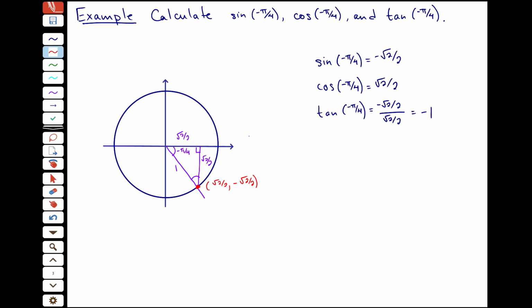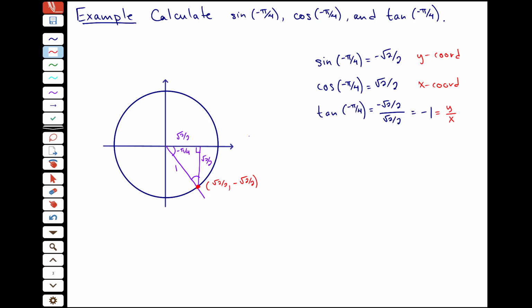So again, when we're looking at sine, we want the y-coordinate. When we look at cosine, we want the x-coordinate. And tangent, you can either think of this as sine over cosine, or you can think of this as the y-coordinate divided by the x-coordinate. Okay, let's do one more example of this.